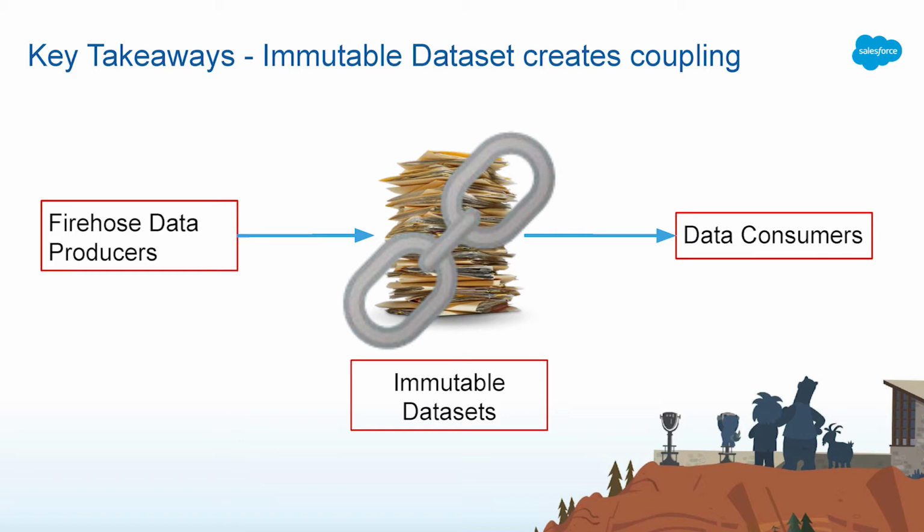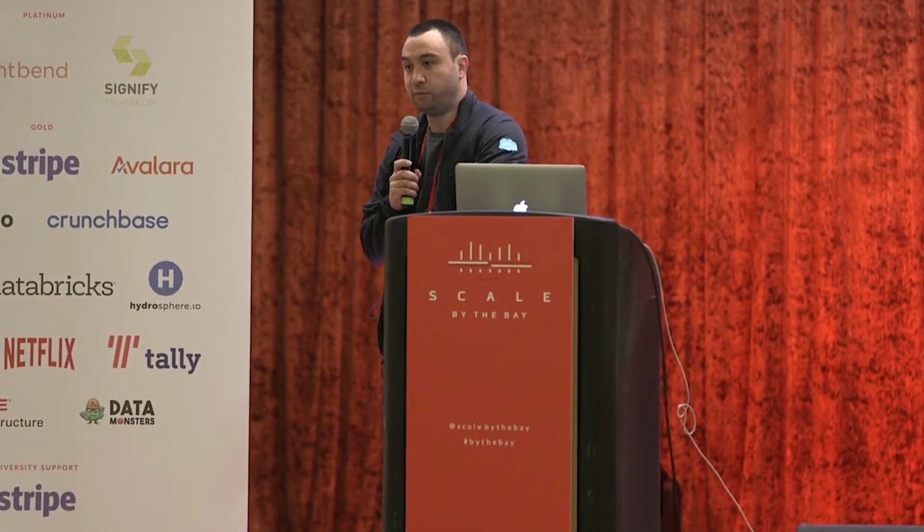Immutable datasets create coupling between data consumers and data producers, especially for Firehose kind of data producers, meaning you have an object that you care about in your lake, and new records or updated records come in for that object on a regular basis. And so that coupling makes life harder for consumers because they need to be aware of how the producer puts data in the lake.